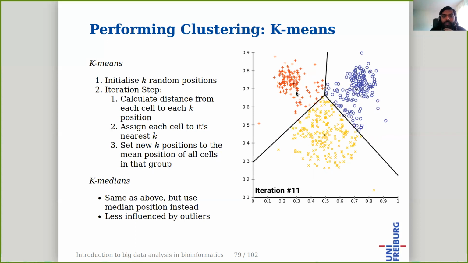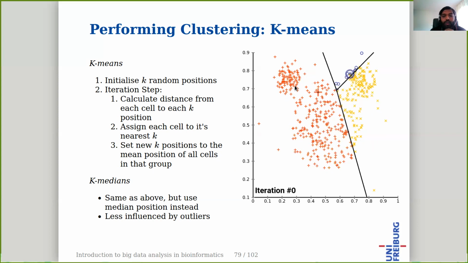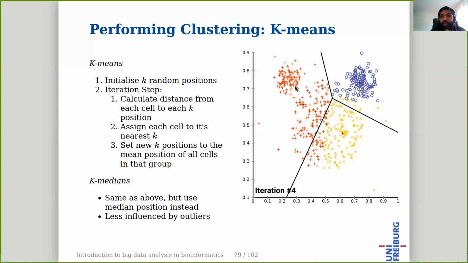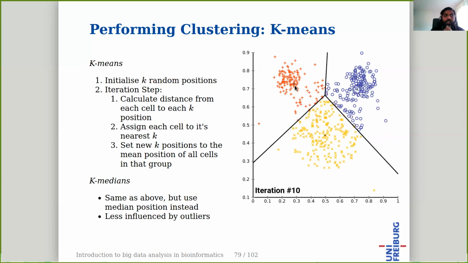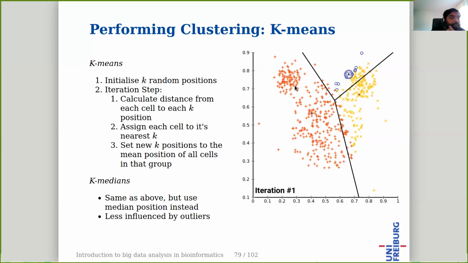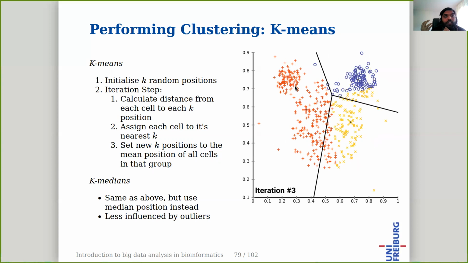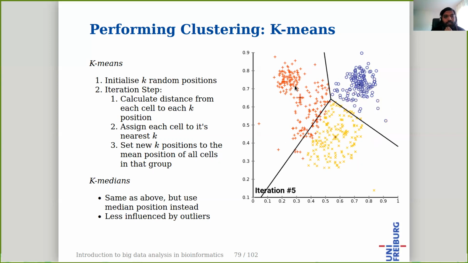In k-means, we need to provide to the algorithm how many k's we expect. That means how many clusters we expect beforehand. So we should know this from our data, and then we say, okay, from this particular tissue, there must be at least 7 clusters that I expect, and then the k is 7.